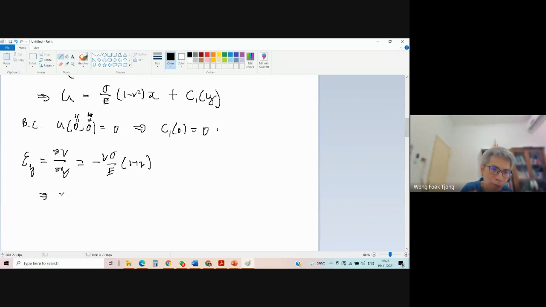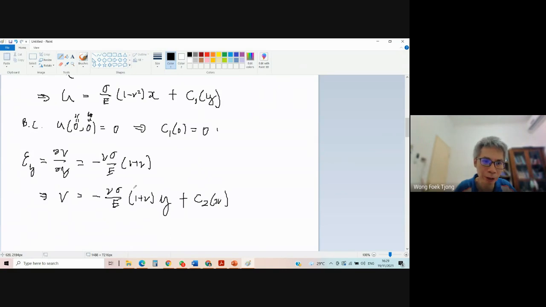How to obtain v? Just integrate. These are all constants, because we know nu and E, and we assume the material is homogeneous. Sigma is also a constant, a number. So integrate with respect to y, of course, y plus another function. Let me say that it is a function of x, C2. This is C1. It is a kind of integration constant, but not really a constant because this is a partial derivative, so this is a function of x.